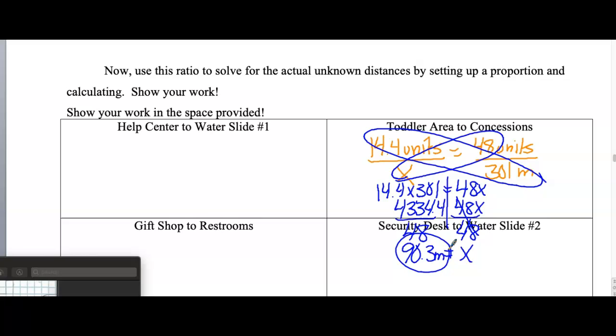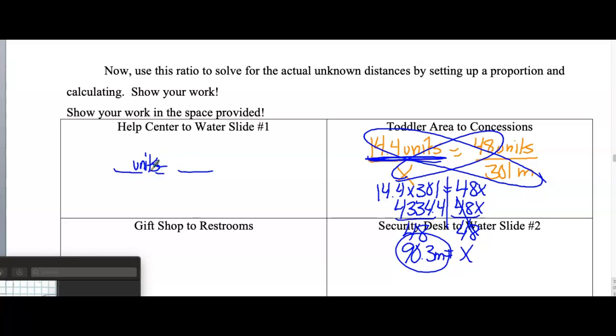You are going to do these for all the other ones as well. Again, you've already found the distance. So that's what this portion is going to be. It'll change depending on what you calculated the distance to be from the help center to the water slide. That will go here because it's labeled in units.